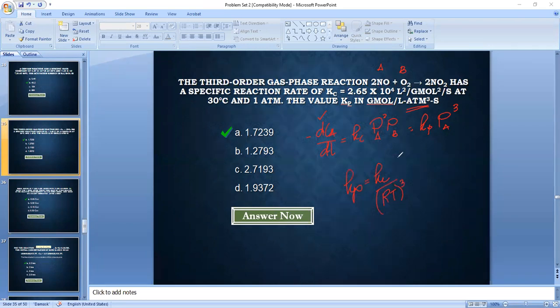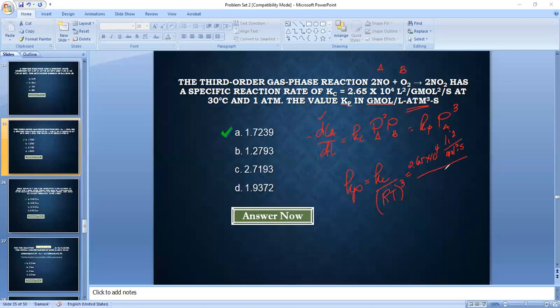Now, how did I know that it would be something like this? Because I noticed that there is already atmosphere cubed in the denominator. Since this atmosphere cubed has something to do with the order of the reaction, which is third order, as stated here, I will work on the value that is given, which is 2.65 times 10 raised to 4, in liter squared per mole squared per second.